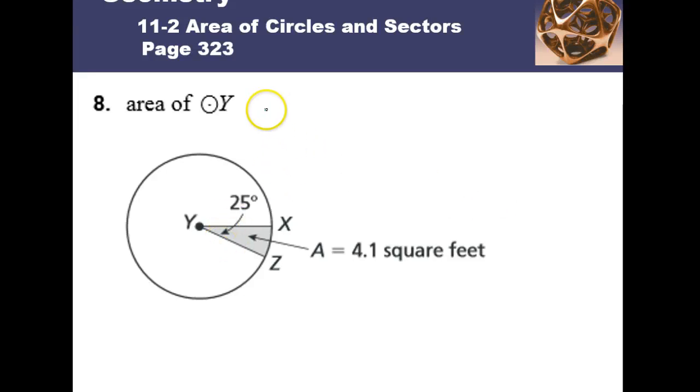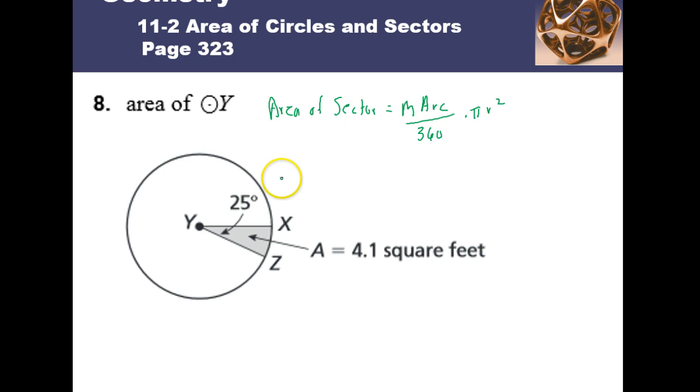So again, the area of a sector should be the measure of the arc over 360 times pi r squared.